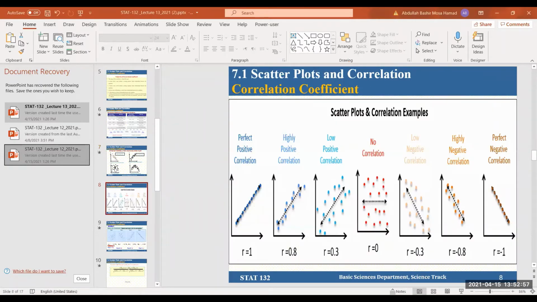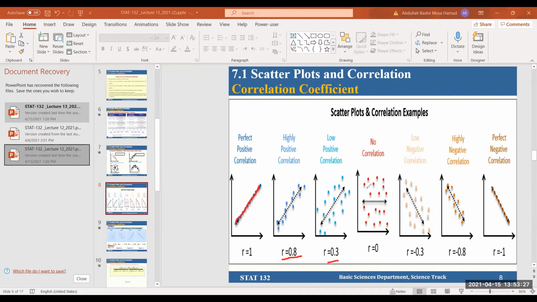Let's see this. This might be more clear. This is a perfect relation, 1. It's like a linear line. We don't have this in math maybe, but in statistics, no. Statistics is like this. So this is R 0.8, a strong positive relation. This looks like a weak relation, it's 0.3.